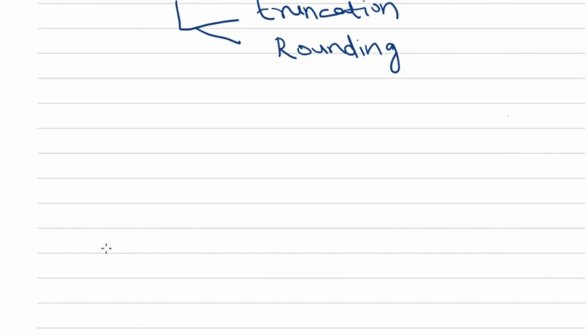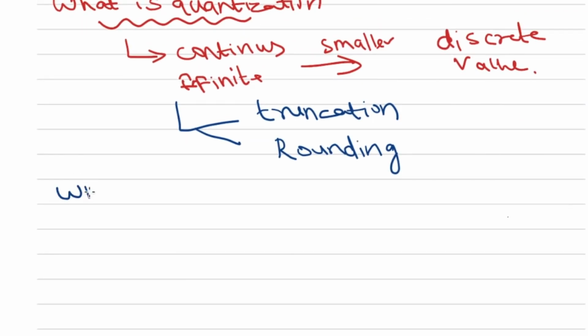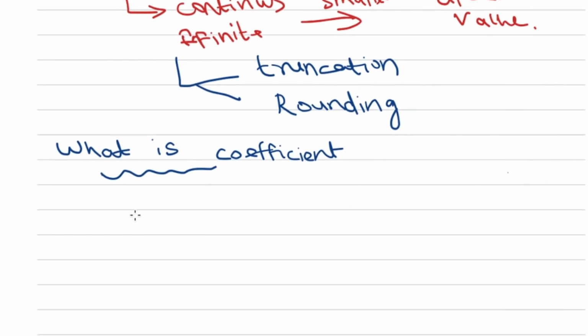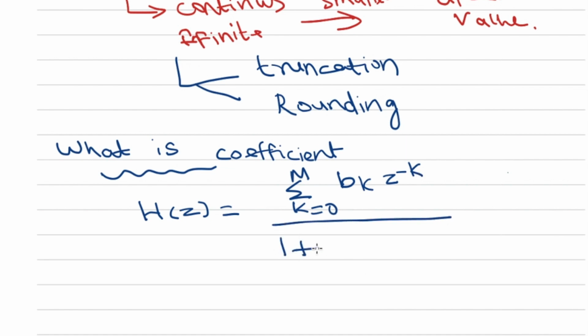Now, what is coefficient? We all know that coefficient. The IIR filter is characterized by a system function H of z equal to summation k equal to 0 to M b_k z power minus k, divided by 1 plus summation k equal to 1 to N a_k z power minus k.